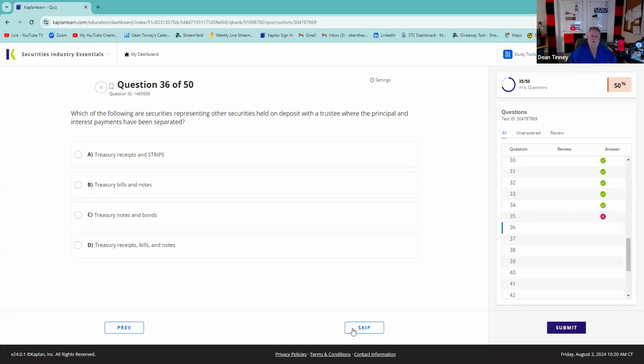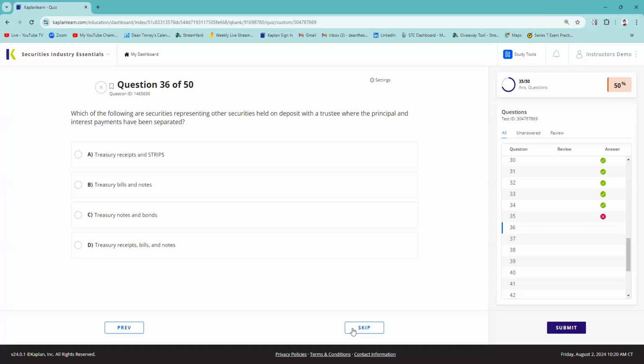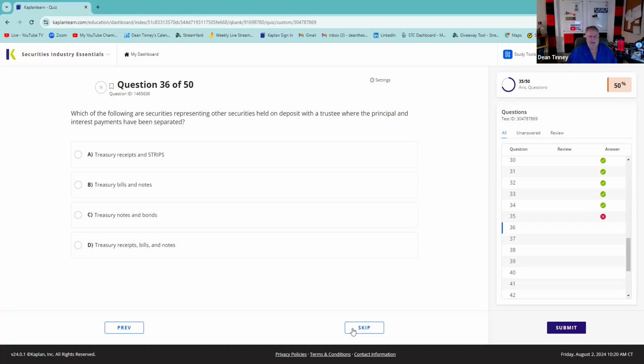Which of the following are securities representing other securities on deposit with a trustee where the principal and interest payments have been separated? Yeah, that's kind of weird, but we hinted at this earlier in our time together.